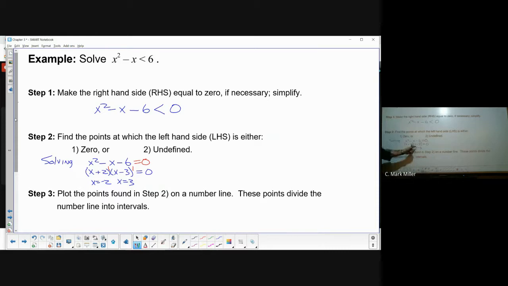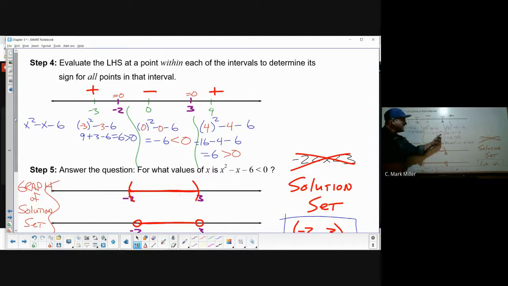It came from this factor, x minus 3. That x minus 3 is to the first power. I mentioned this last time. First power is odd. So you know it's going to change signs at that 3, from minus to plus.